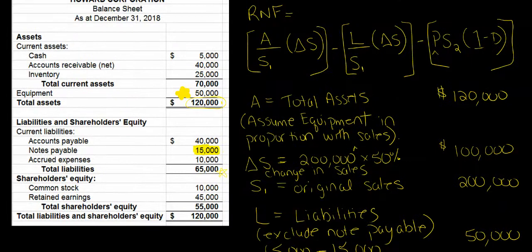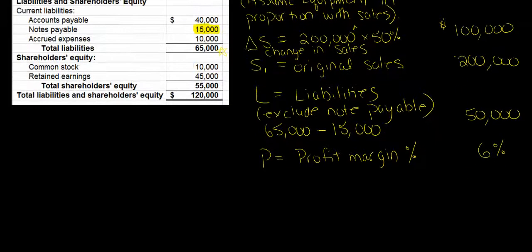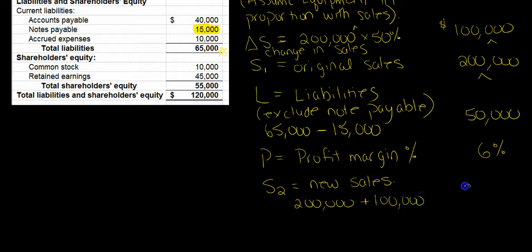And then the S2 are your new sales. So those are your new forecasted sales. So I'll just say new sales. So we would take the 200,000 and add the increase of 100,000, and that gives us 300,000.